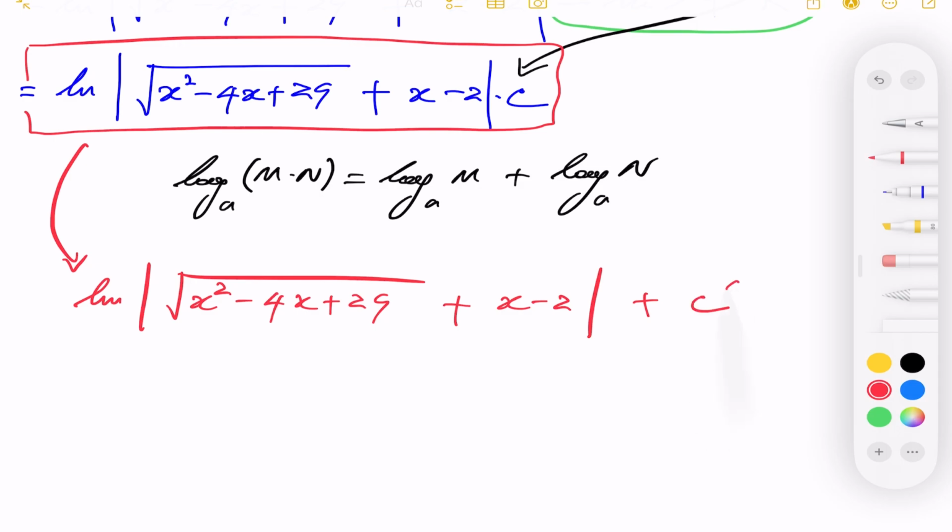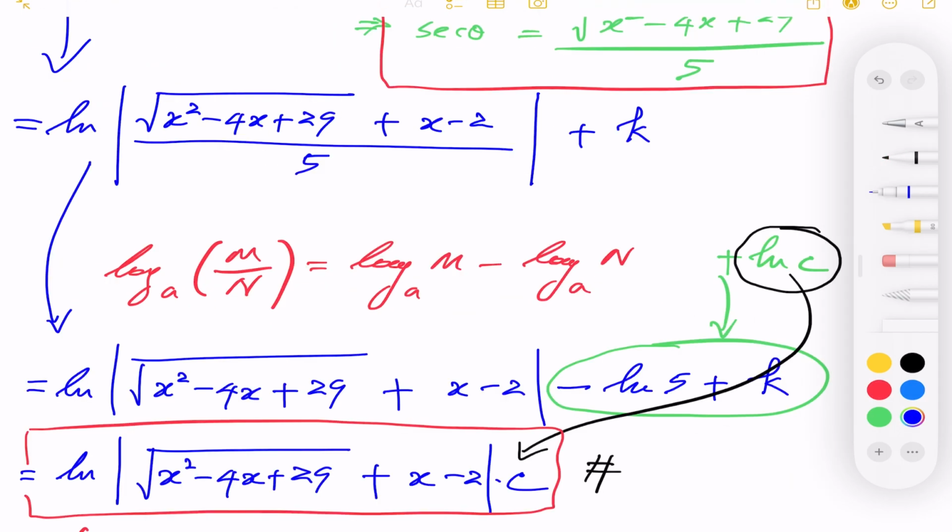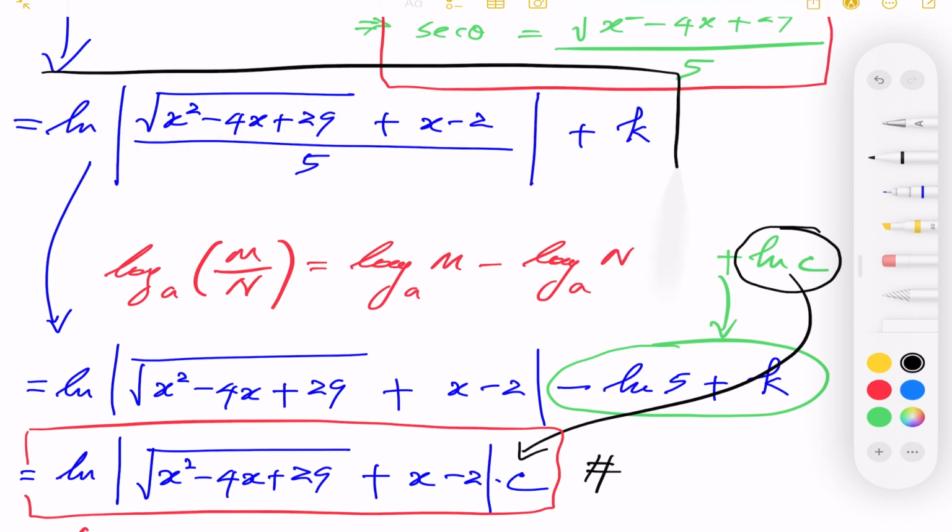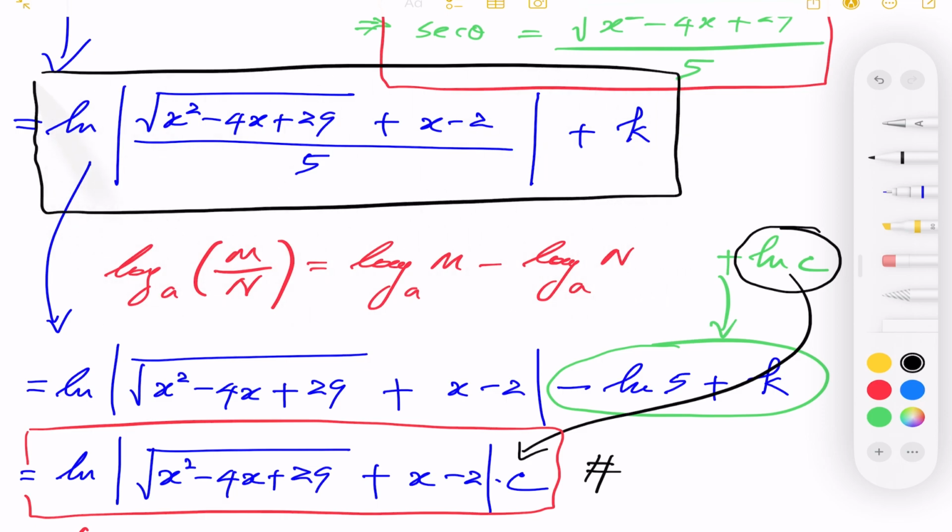Let me write it as c star. That's also an accepted final answer. Even if you didn't do the complete simplifications using the properties of logarithm, even by this point you have earned most, if not all, of the points of the problem that you are working on. So understanding it up to here is the most important part.